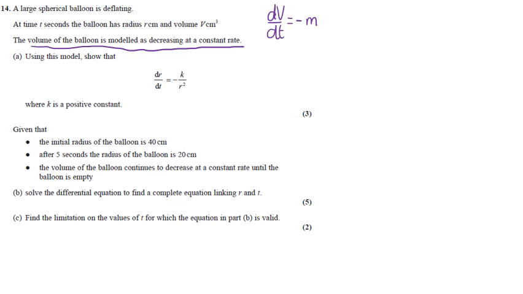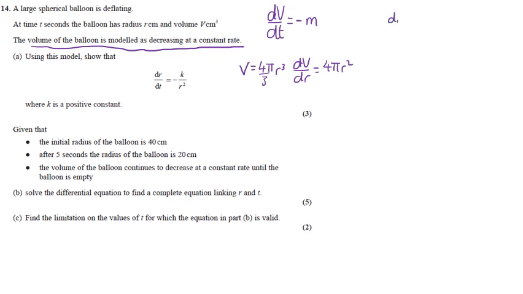Now we need to link V with r. So we also know that for a spherical balloon, V is equal to 4/3 pi r cubed. So we can write down dV/dr. The derivative of that is 4 pi r squared.